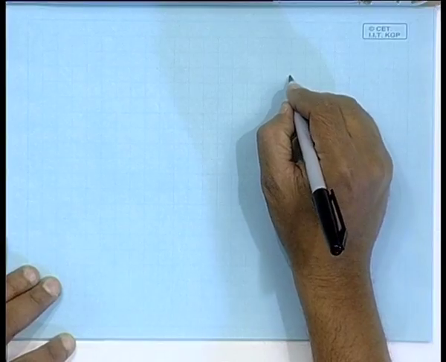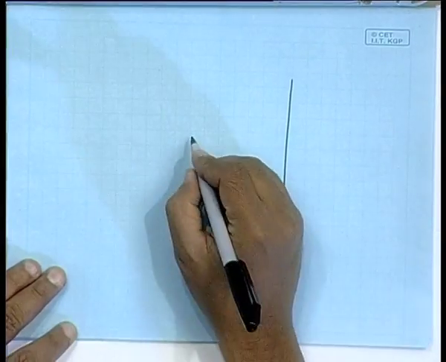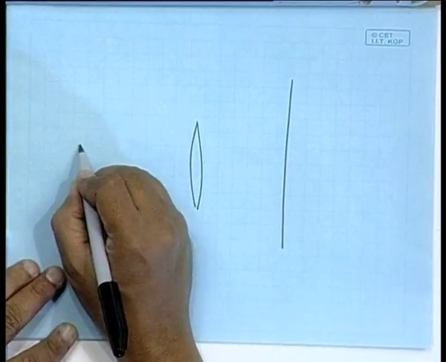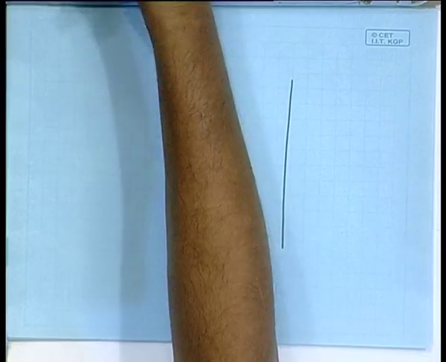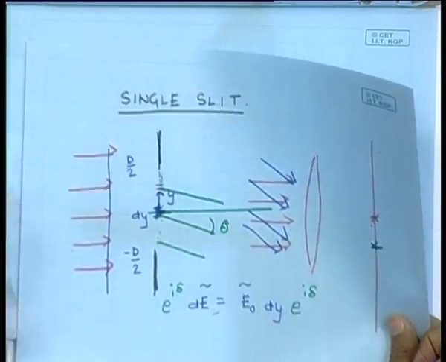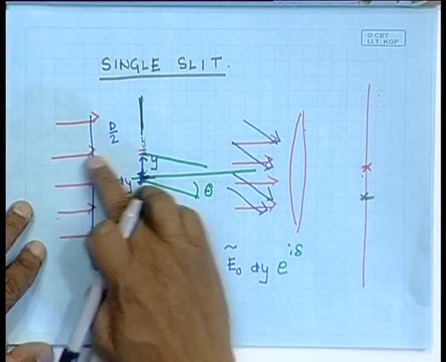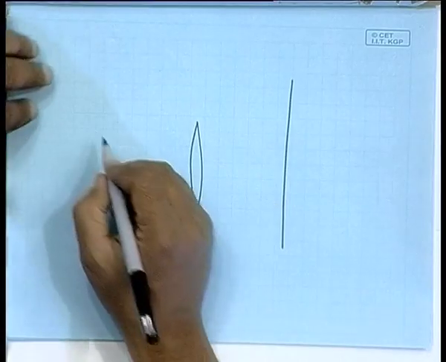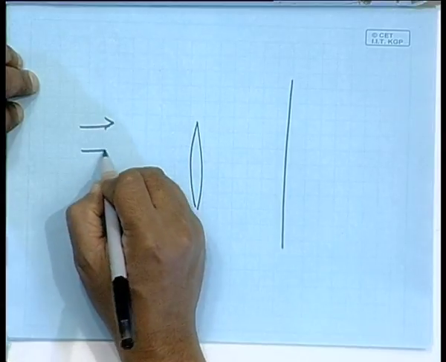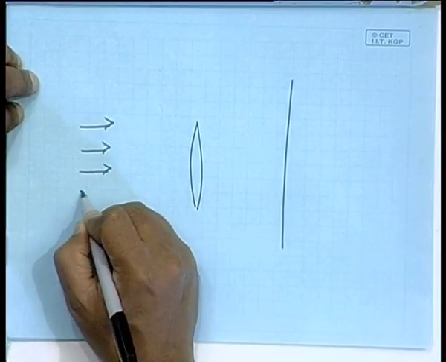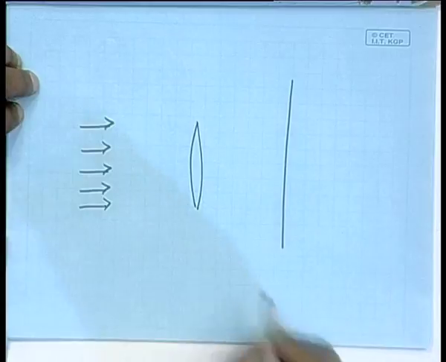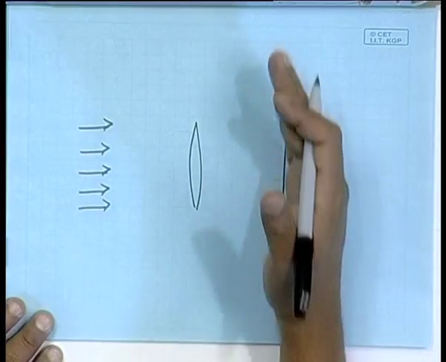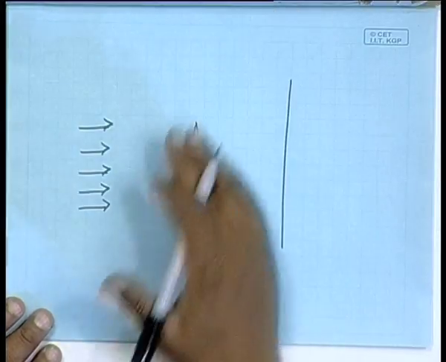I have a screen, I have a lens, I have a plane wave. In this case, the plane wave is incident horizontally, normal to the screen. Question is, what do you expect the lens to do? What kind of an image do you expect to see on the screen over here?